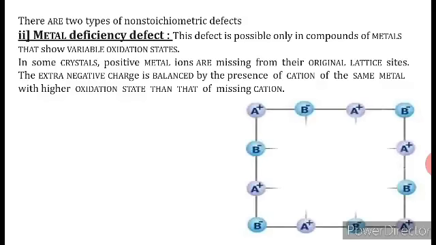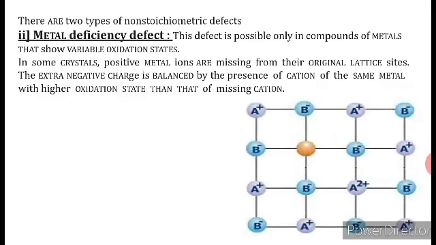It will be more clear with the help of the diagram. See here, the A+ ion is the regular cation which is participating in the formation of the crystal lattice. At one place this cation is missing, so at another place the site is occupied by the higher oxidation state cation, A2+ ion, which balances the positive charge of the absent cation.